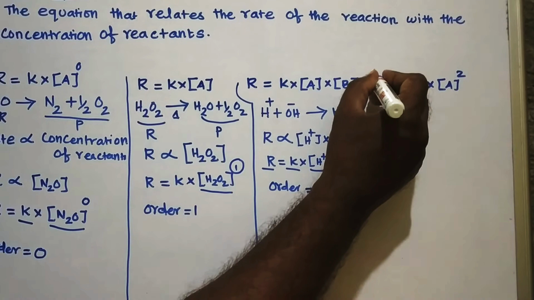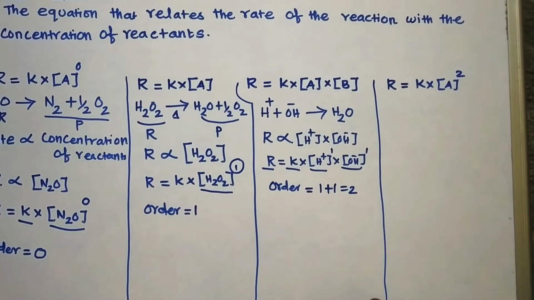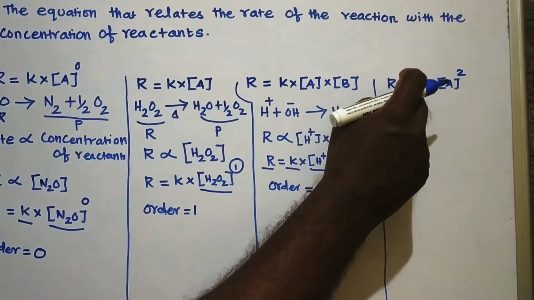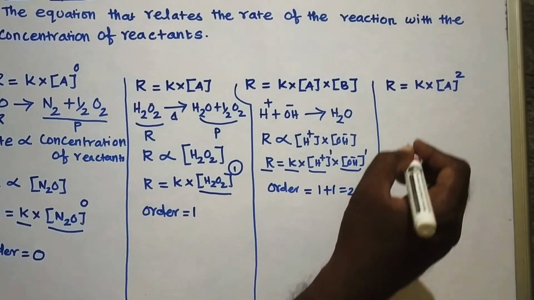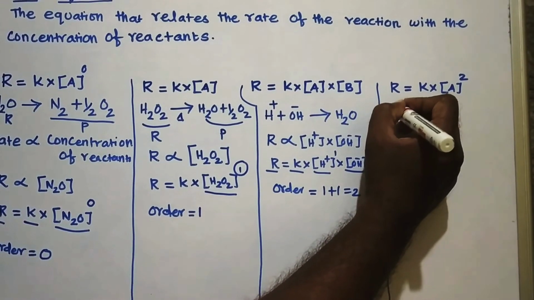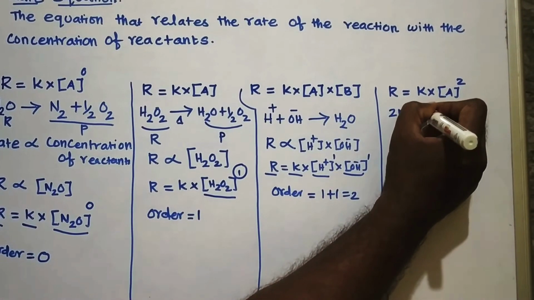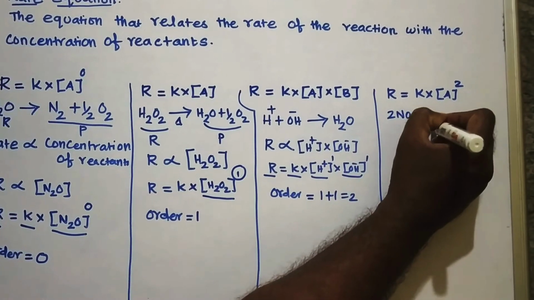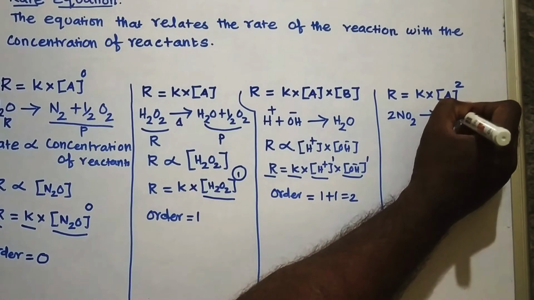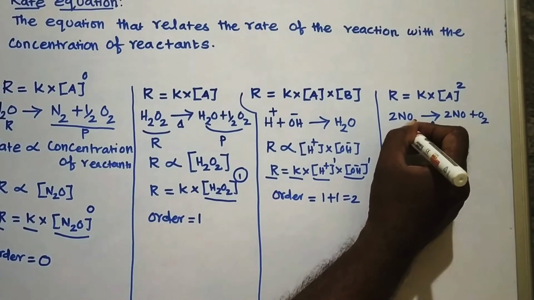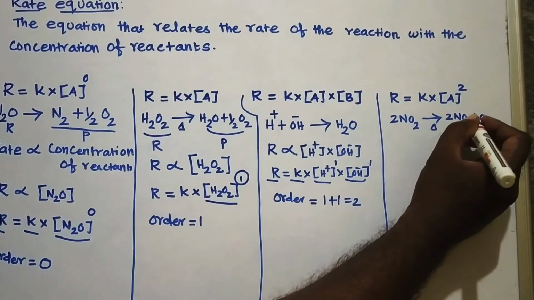Okay, students, now that is completed. Then we are going to see the fourth type, R is equal to K into A squared. So now let us consider 2NO2 on heating forms 2NO plus O2.